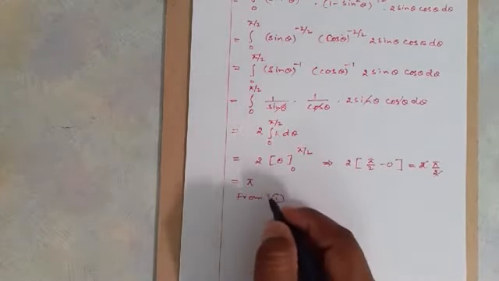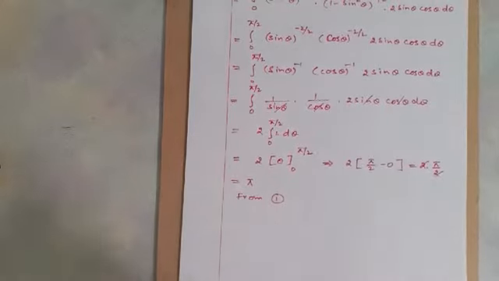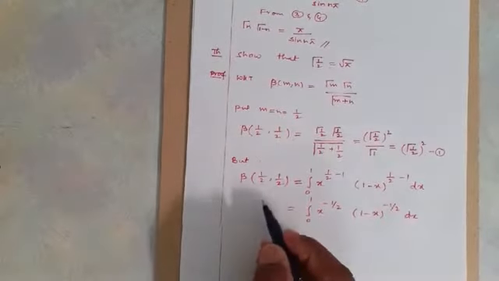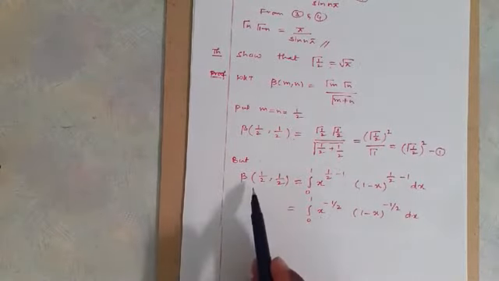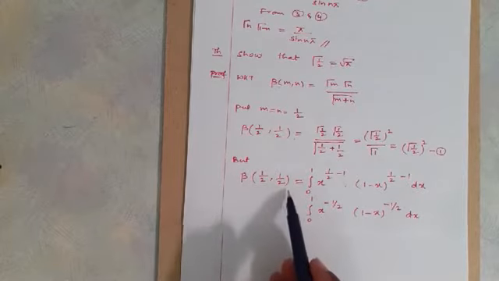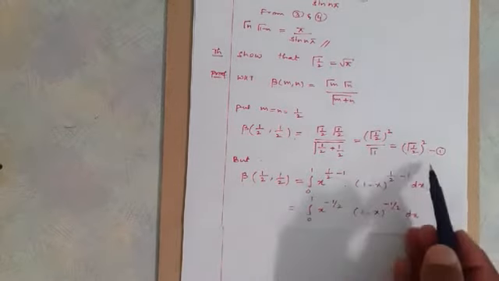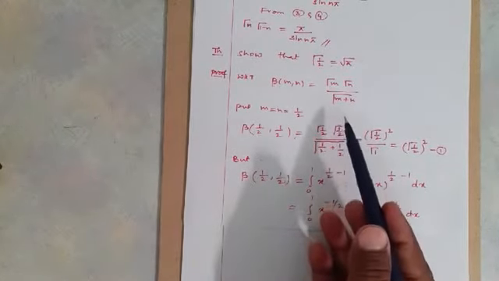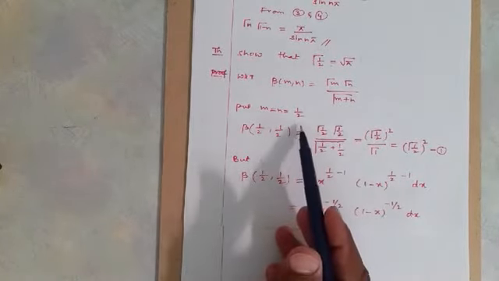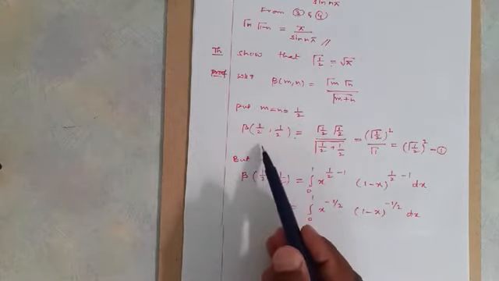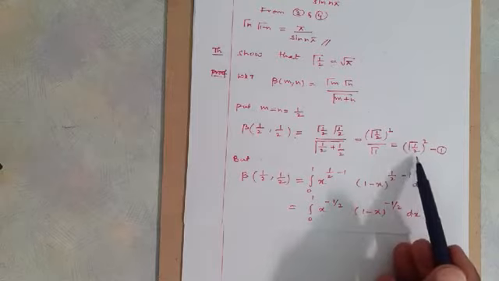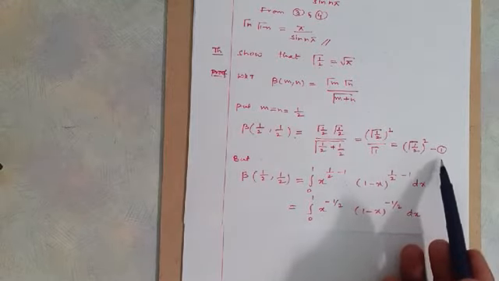So here, where we have started and where we have stopped: we started from beta 1 by 2 comma 1 by 2, and we used a relation between beta and gamma. We substituted m and n as 1 by 2. From that we got beta 1 by 2 comma 1 by 2 is gamma 1 by 2 whole square, which we have taken as equation 1.